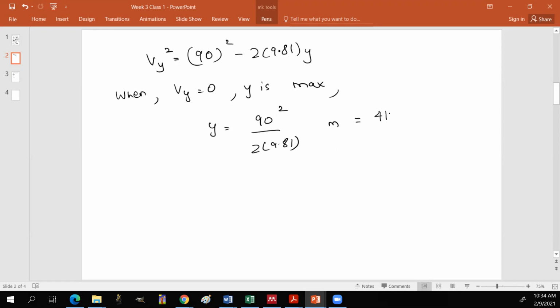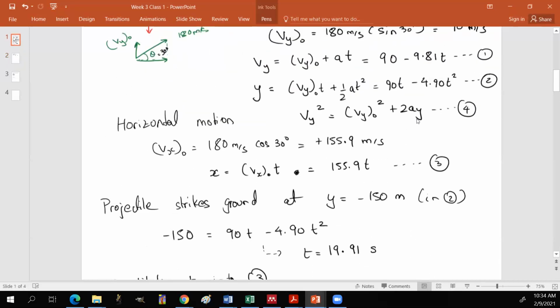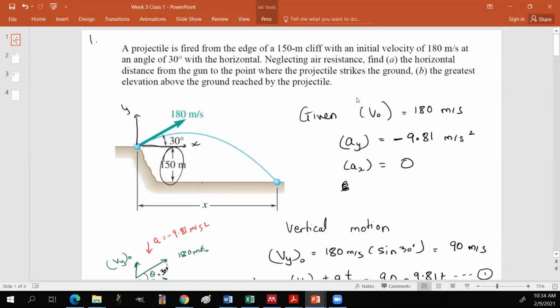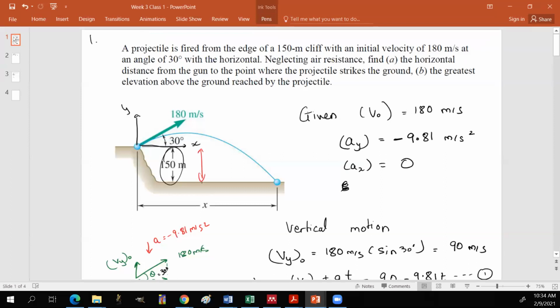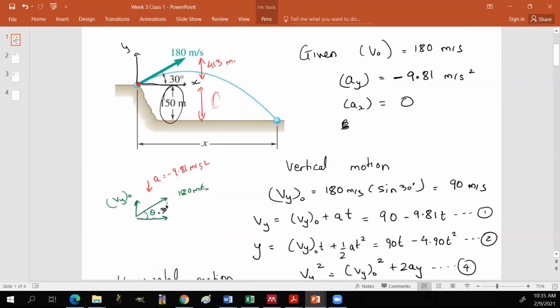412.8 meters. So let's say 413 meters. But your question asks you for the greatest height above the ground, so you have to account for this height because your coordinate frame is at this point. So the max height this way is 413 meters, and you've got to add this as well.